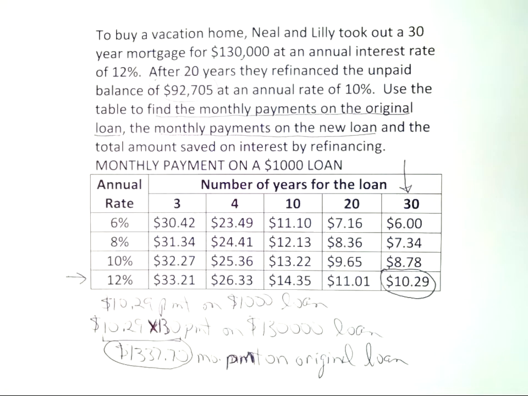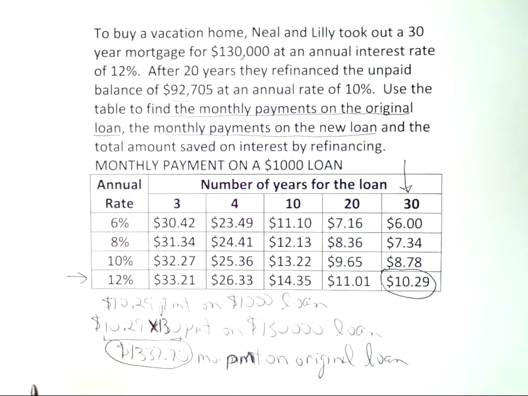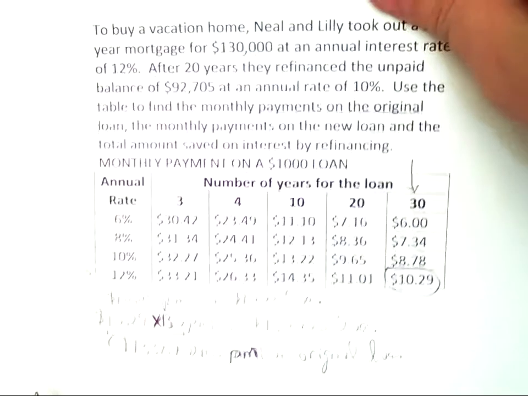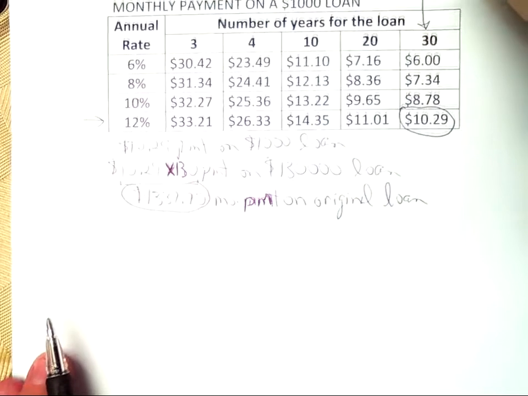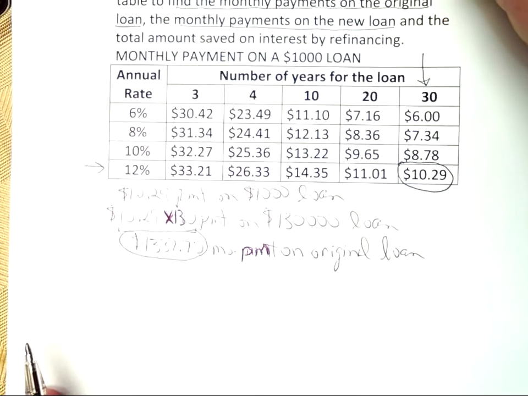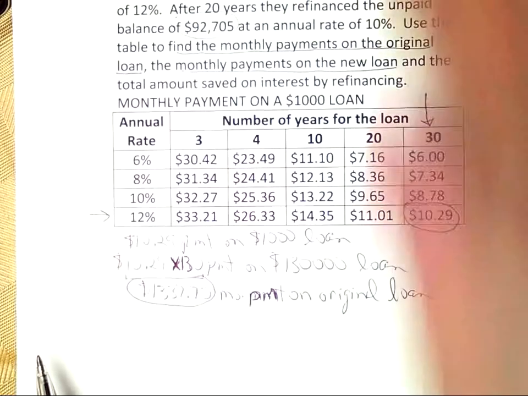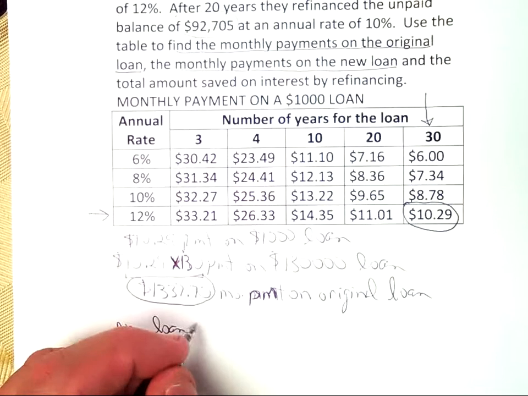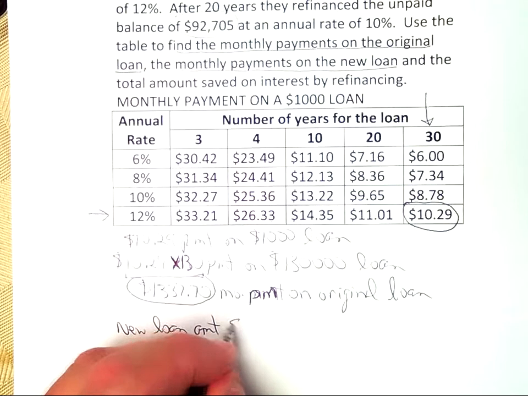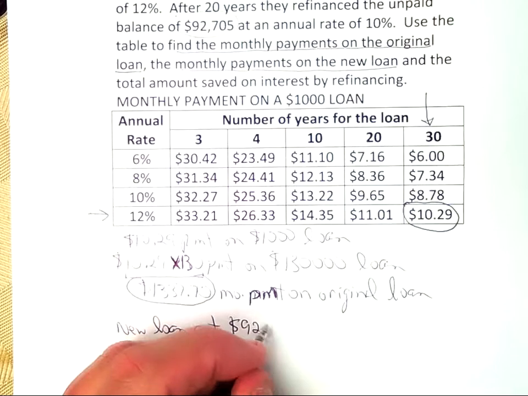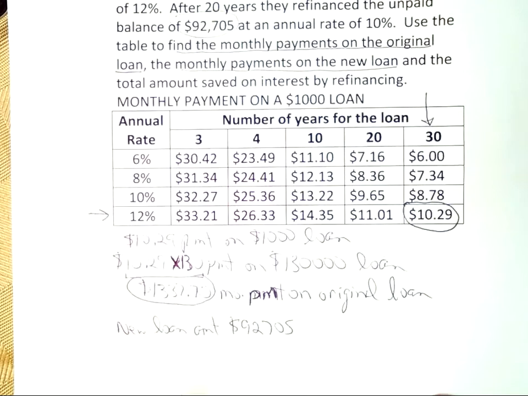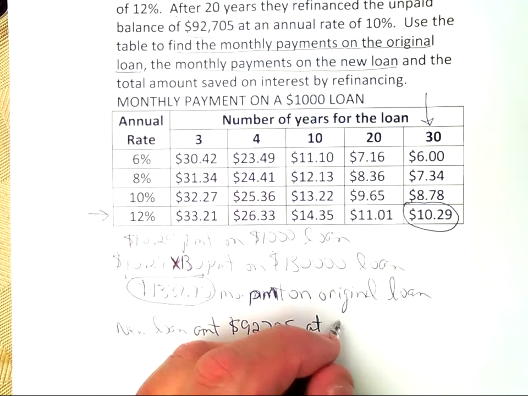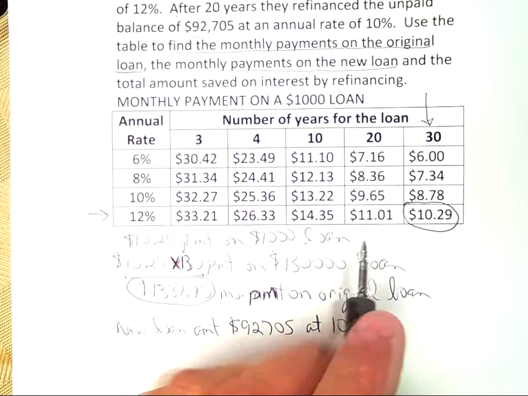So the new loan amount was $92,705, but they got a better rate at 10%.